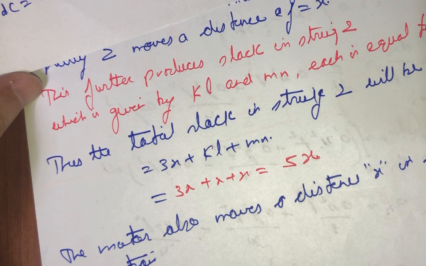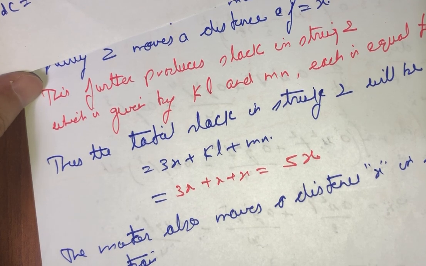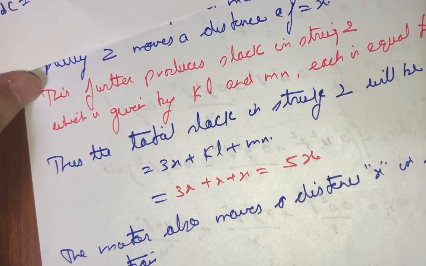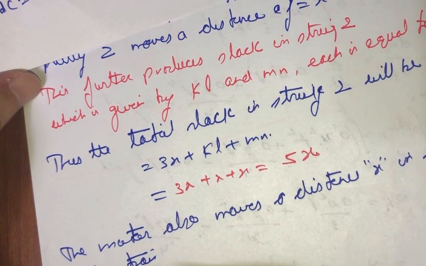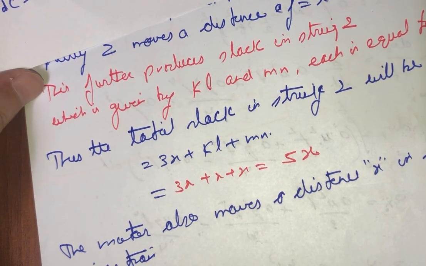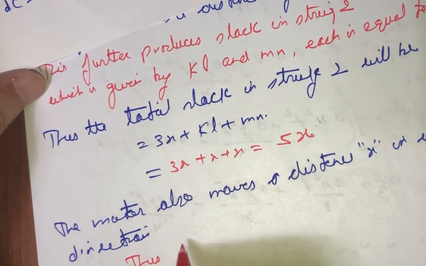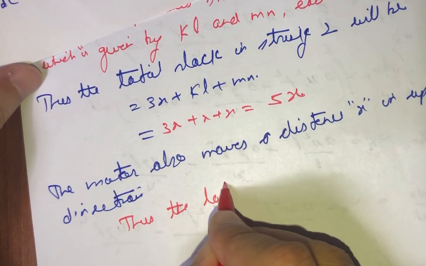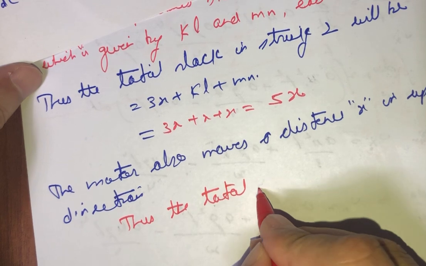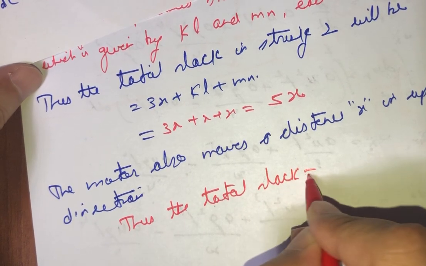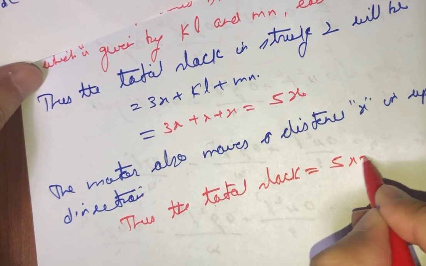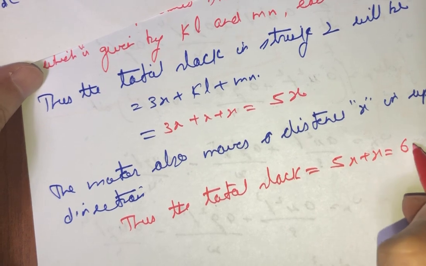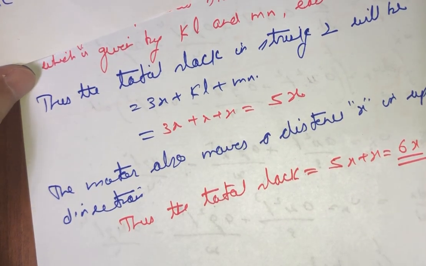So the total slack will be equal to 5x plus x. This will be equal to 6x.